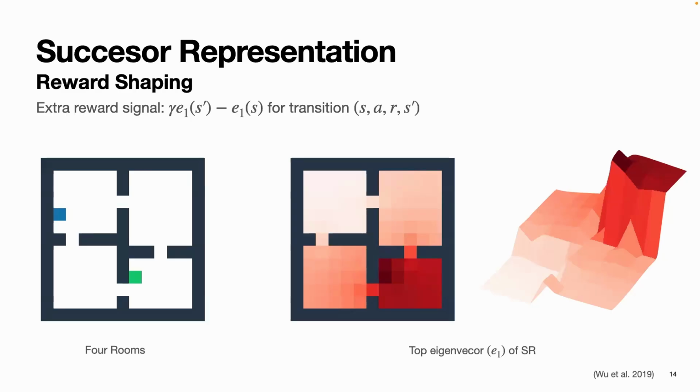So for example, in this environment, the reward function is -1 everywhere, except 0 for reaching the goal state. Now, if the agent is facing this reward signal, it is hard for it to learn because it sees a -1 reward almost everywhere. And the goal of reward shaping is to construct an extra reward signal that is usually denser that will help the agent reach the goal.